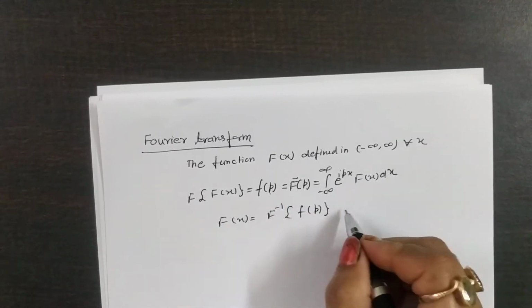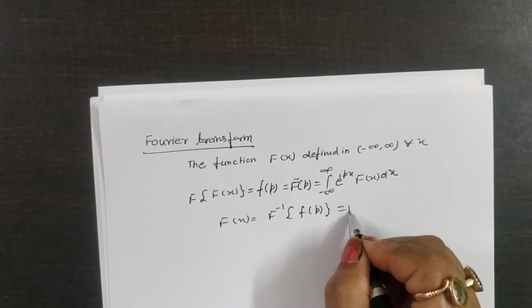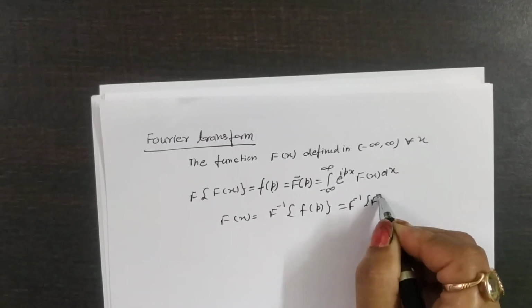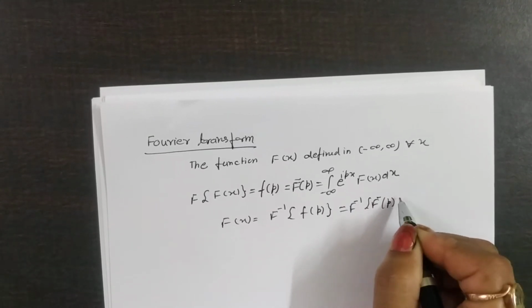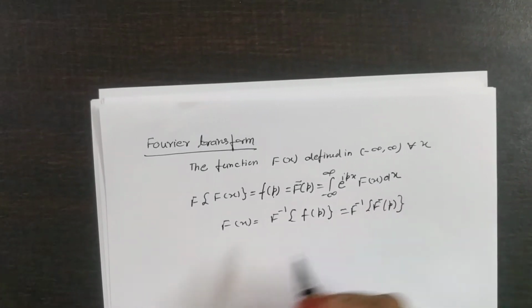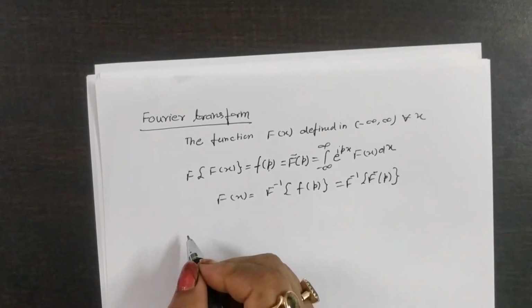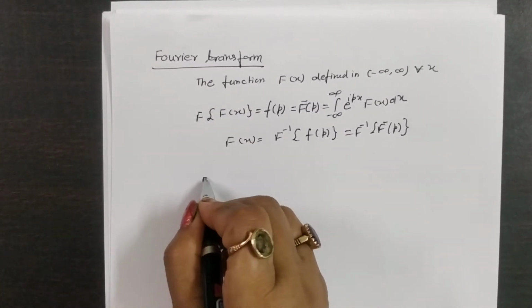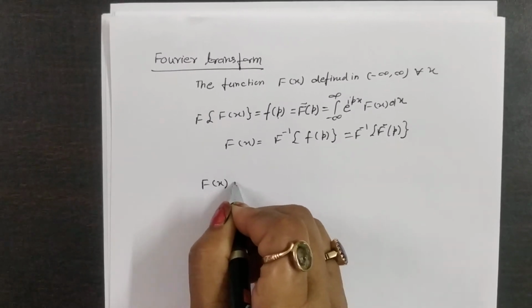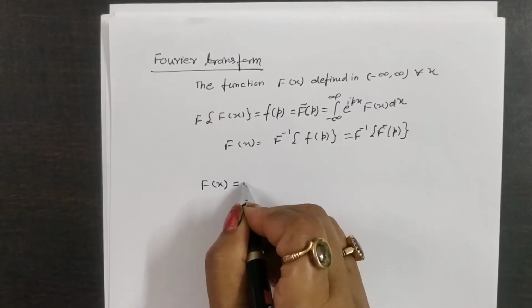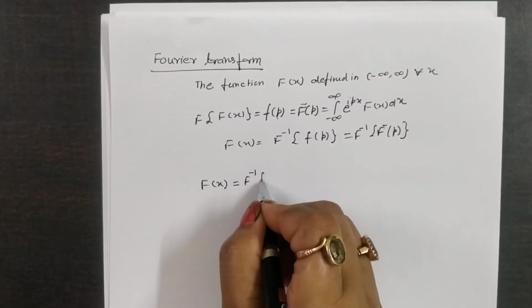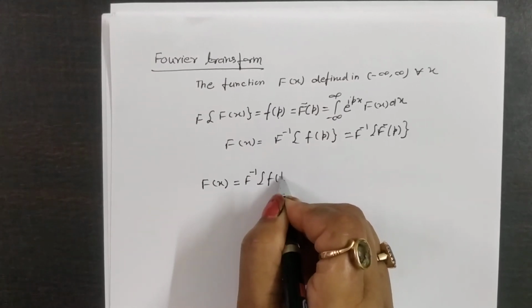You can also say it is F inverse of F of p. This implies that f of x can be defined, according to the definition, as F inverse of F of p.